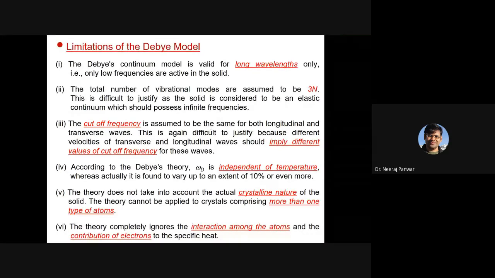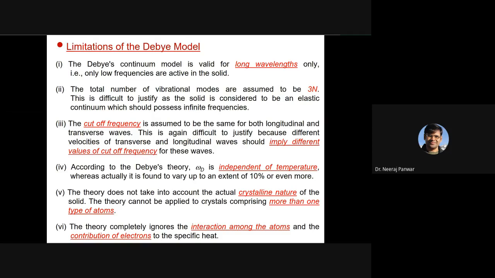So it was assumed in the Debye model that the cutoff frequency is the same for longitudinal as well as transverse waves. However, this is practically difficult to justify, because different velocities of transverse and longitudinal waves should imply different values of cutoff frequency for these waves.